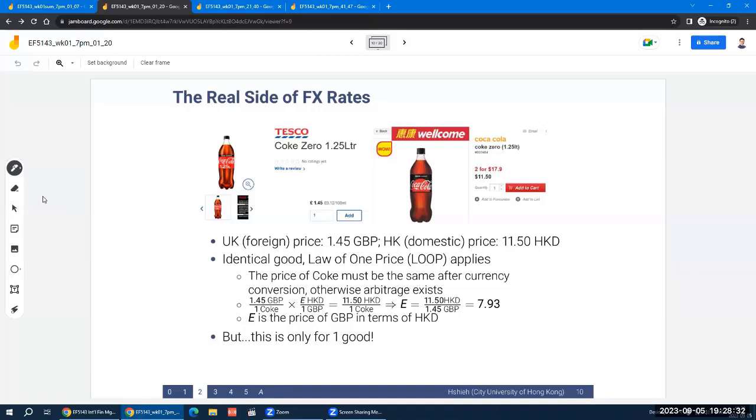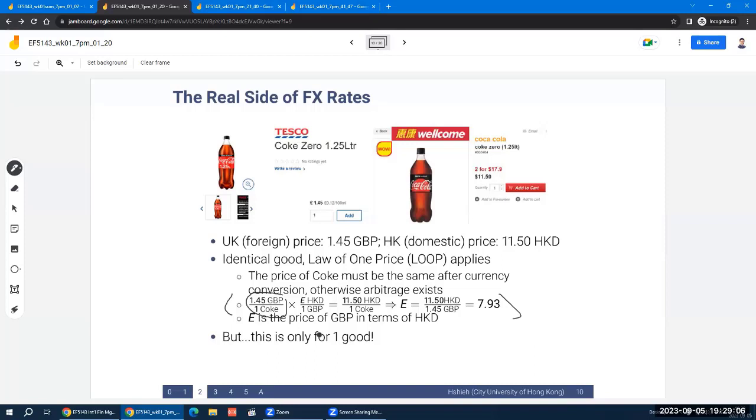In this line here, I start out with the price of one Coke in British pounds. So 1.45 pounds sterling per bottle of Coke. I'm going to multiply it by the conversion rate, E. E is in terms of Hong Kong dollars, so for British pounds, we have E units of Hong Kong dollars.